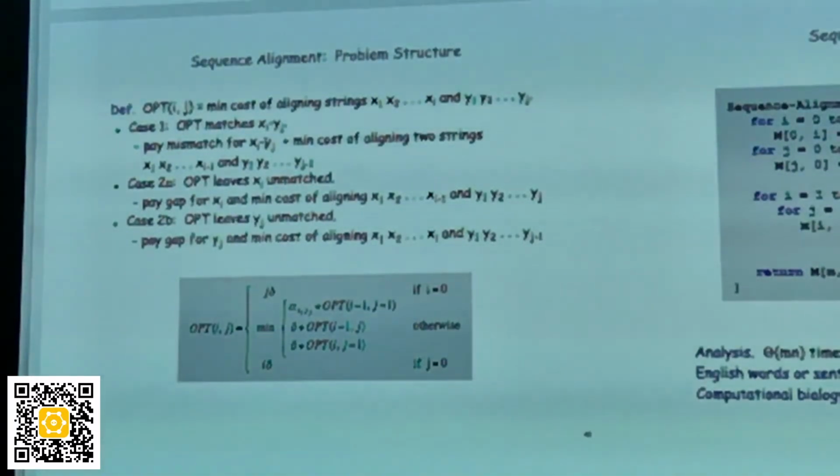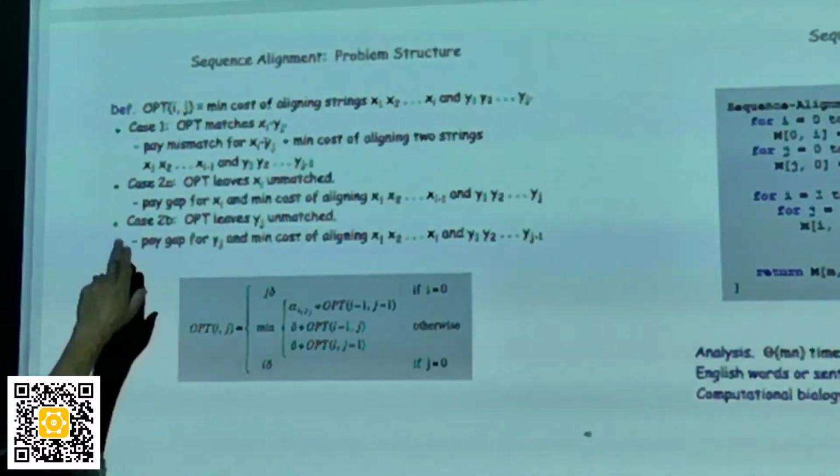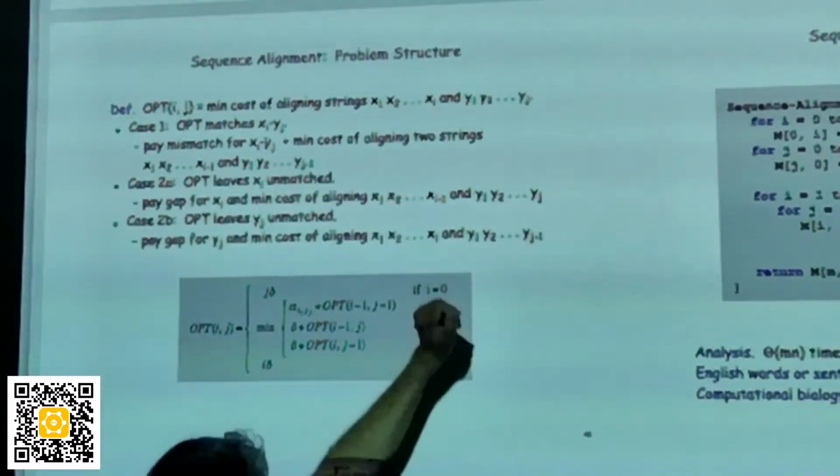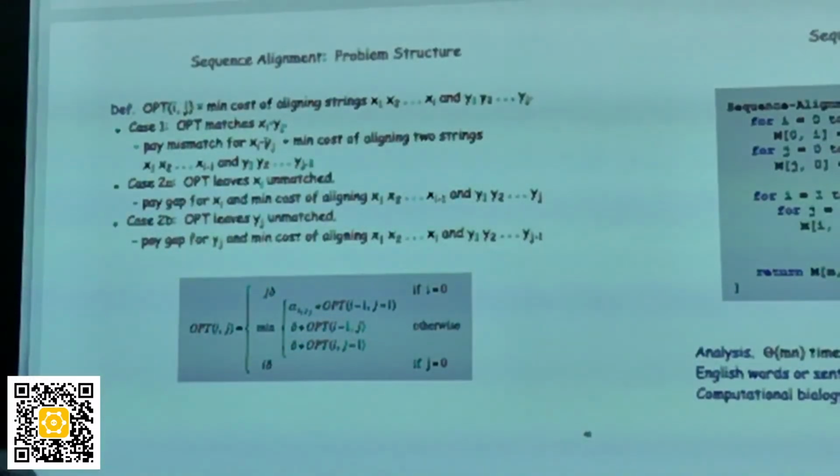Of course, if they're the same, the mismatch cost may be 0, but that's fine. So that's the mismatch cost plus the cost of aligning the remainder of the two strings. So that's i minus 1 and j minus 1. So you remove that last character from both and try to align the rest. That's your recursive call, right?